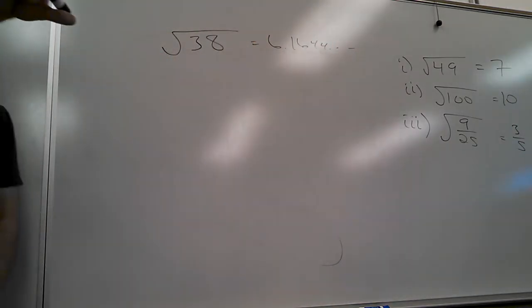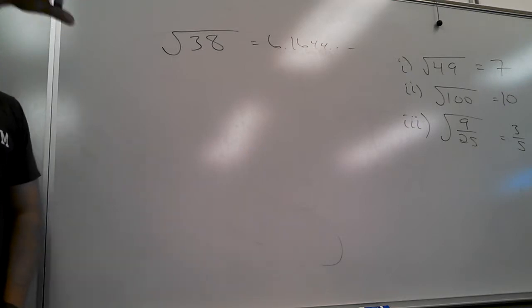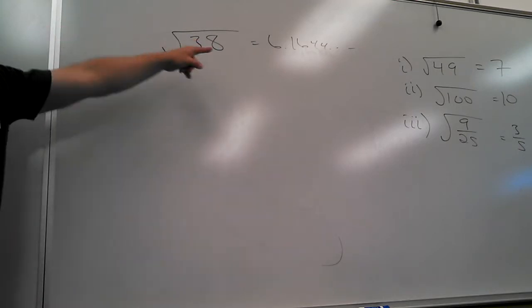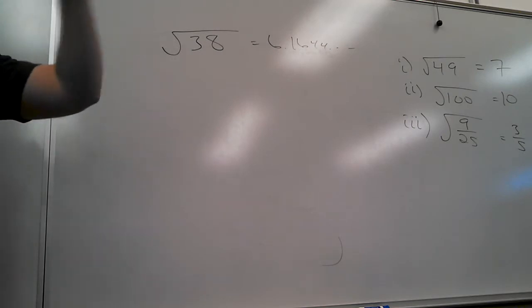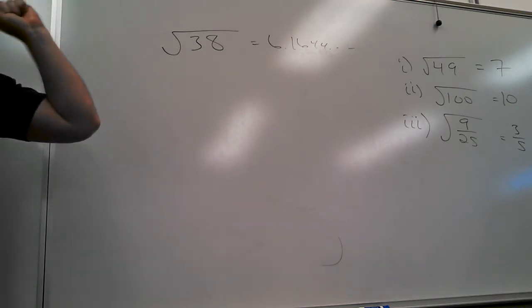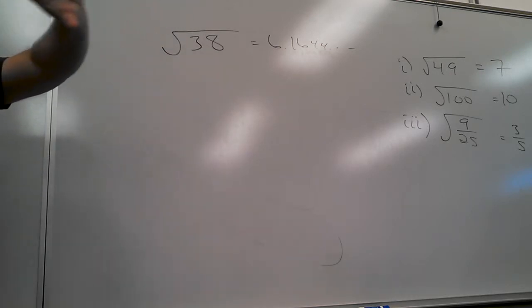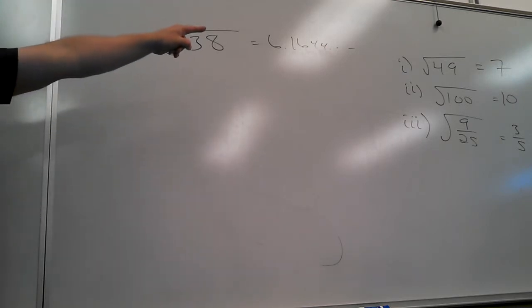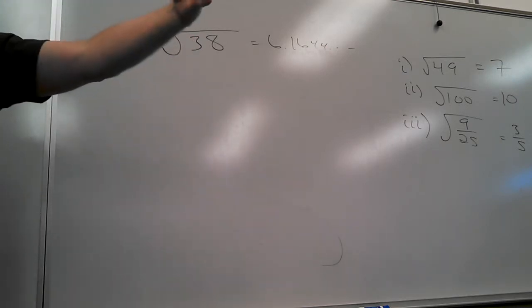So that's one kind of root that we can't do by hand, but it is doable. It's a number. And we should know by now that not everything comes out nice. Most square roots come out ugly, meaning they're decimals that never end. So if it's a root that I can't do like square root of 49, something like square root of 38, the answer is going to be some decimal that goes forever.